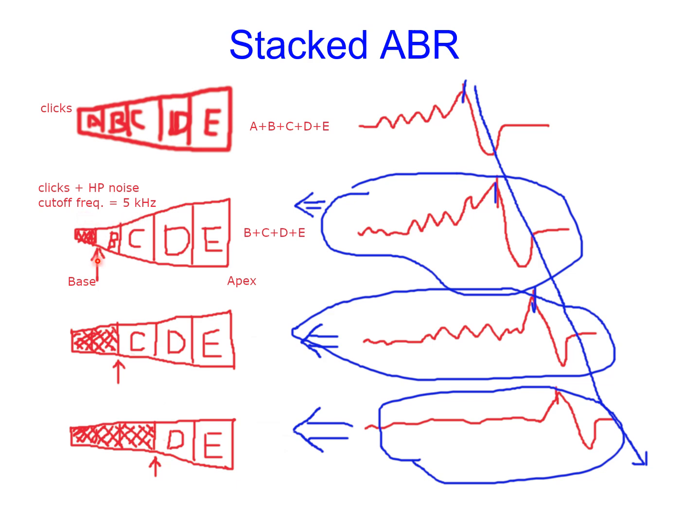In this case, the basal portion of the cochlea is masked out by the noise, so it cannot respond. When we get an ABR, it will only come from the B, C, D, and E regions, and we get the second ABR waveform, and let's say wave 5 is here.